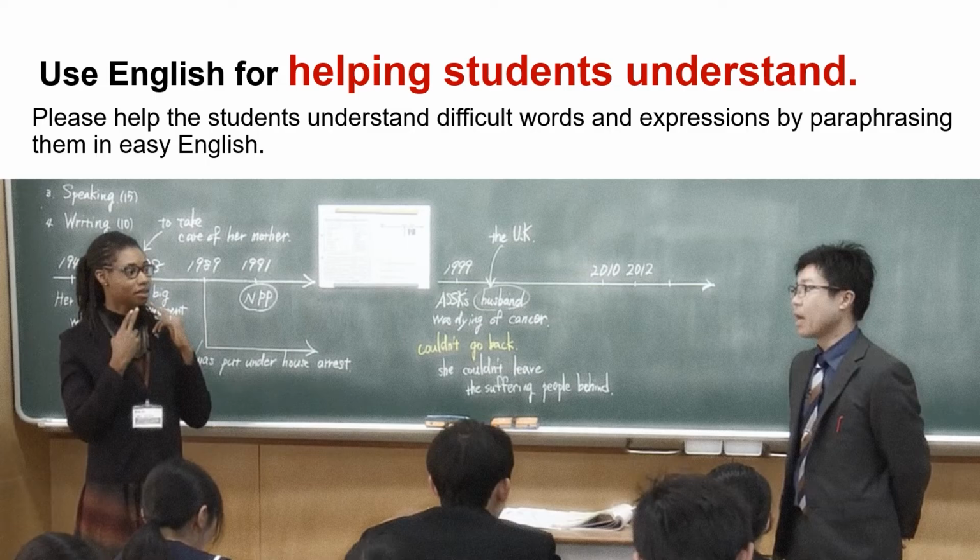Please use English for helping students understand. Please help your students understand difficult words and expressions by paraphrasing them in easy English and not asking the JTE to translate them into Japanese all the time. It might be hard for you to do so at the beginning, but please keep trying.